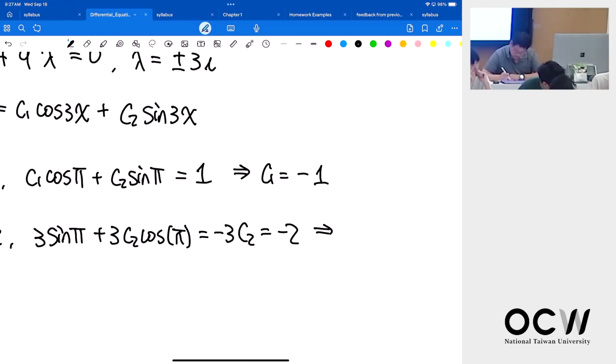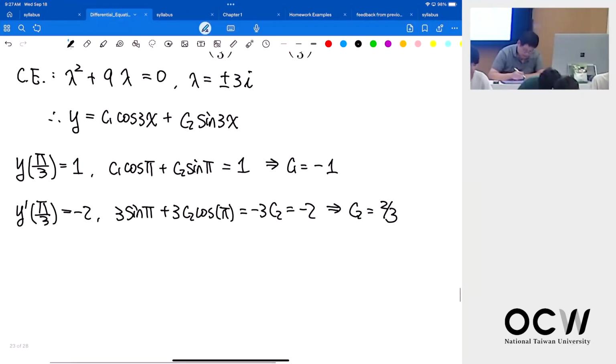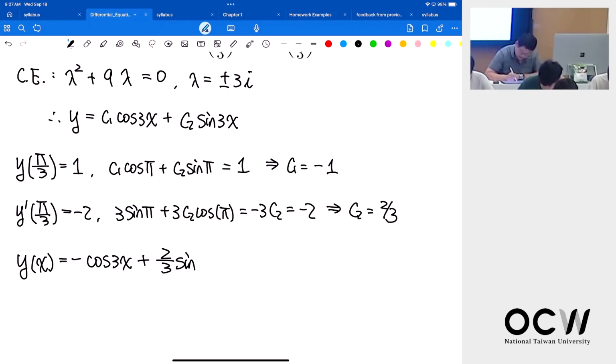So C2 is 2/3. And then your solution y is minus cosine 3x plus 2/3 sine 3x.